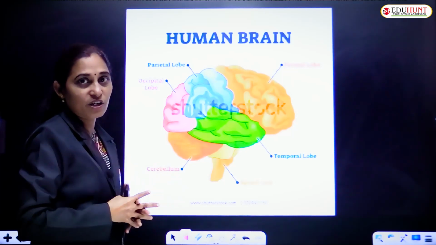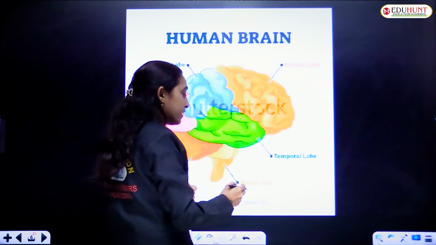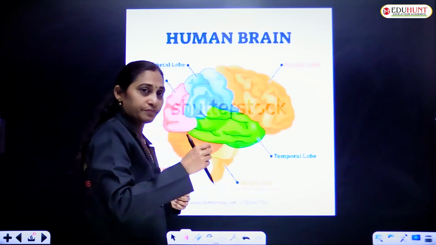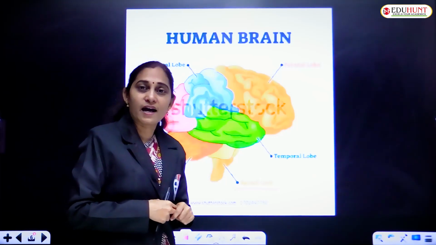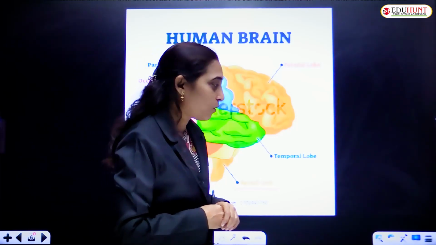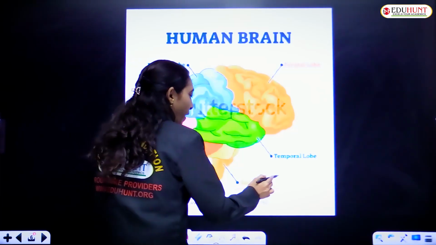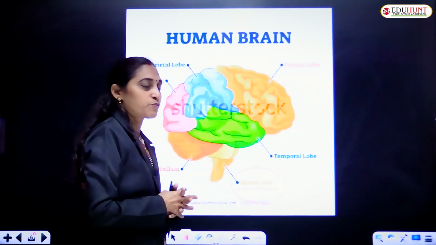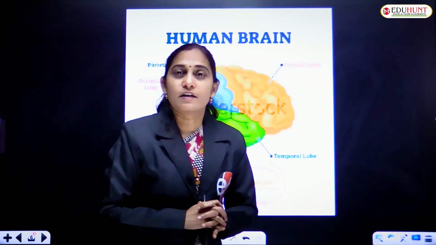These are the various regions of the brain, and the brain extends like a snake. In Telugu we call it vennupamu. So it extends like a cord called the spinal cord. The spinal cord and brain together constitute the nervous system.